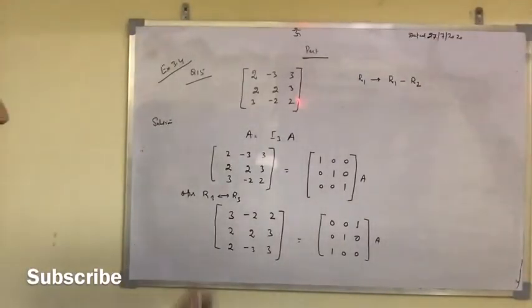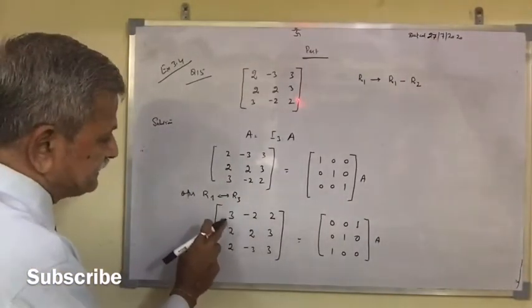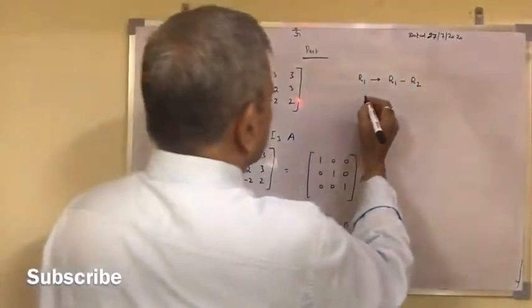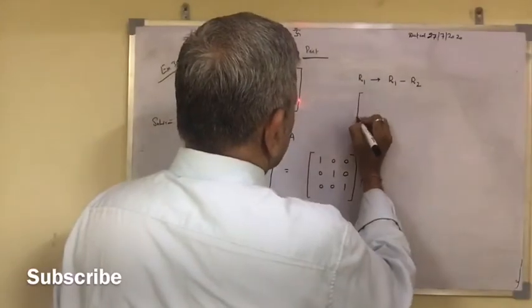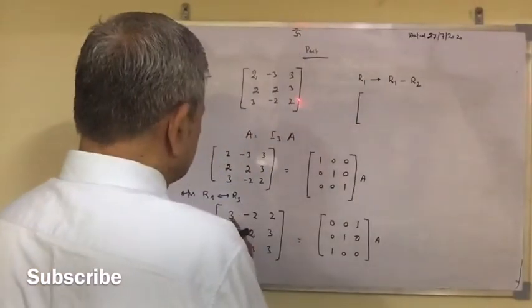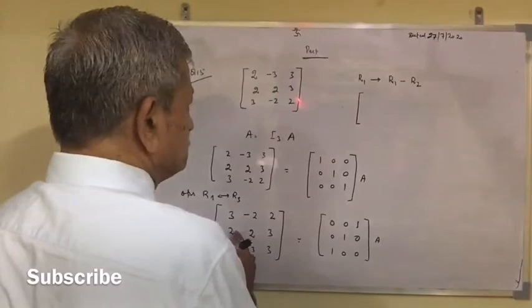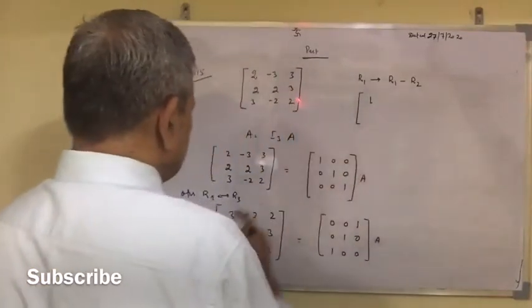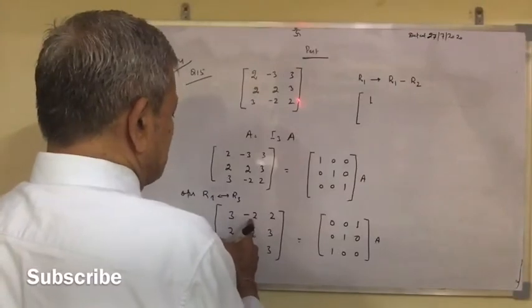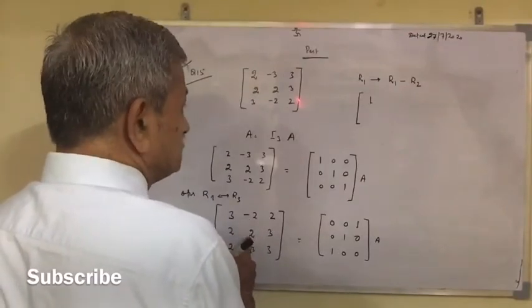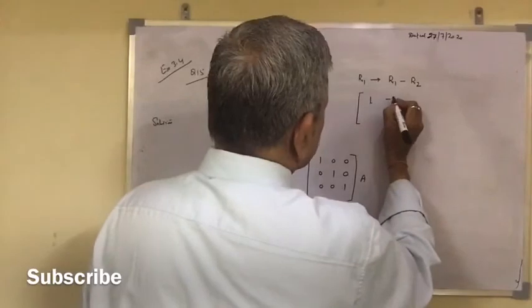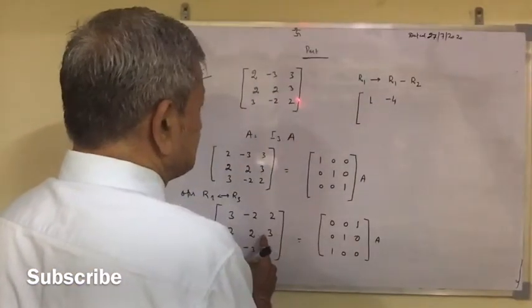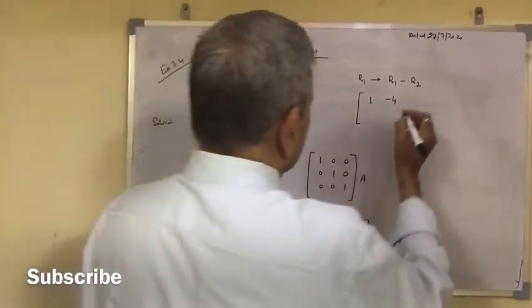Because of this I'll get 3 minus 2, so I'll get 1. So for the R1 operation on the left hand side, I get 3 minus 2, which is 1, first 1, then minus 2 and minus 2 gives you minus 4, and 2 minus 3 is minus 1.